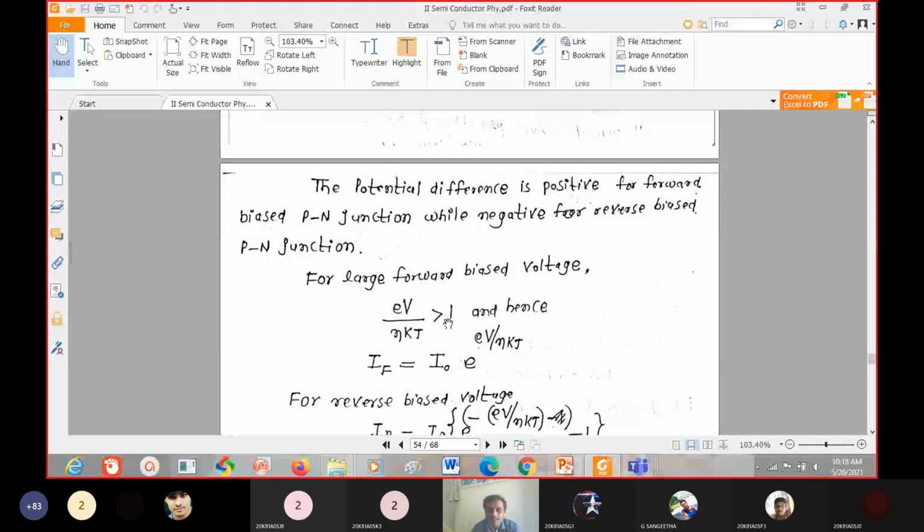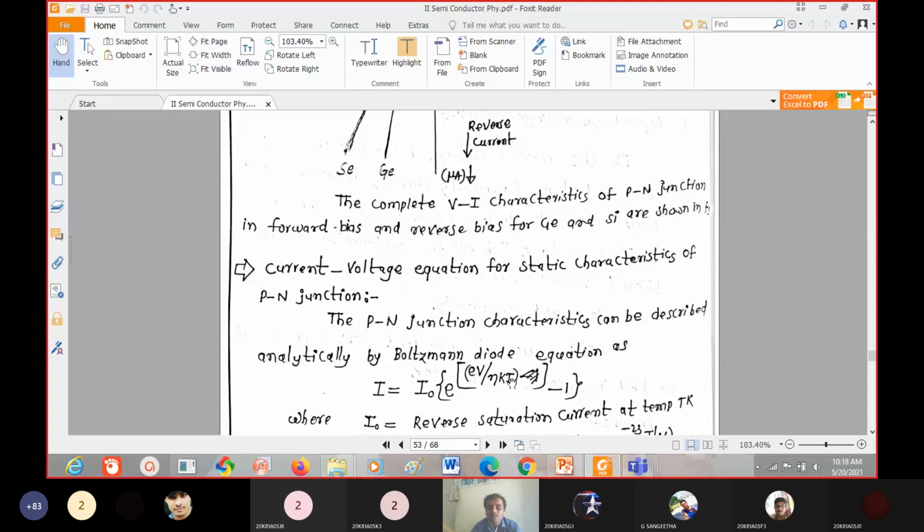So e power eV by eta kT is very much greater than 1.